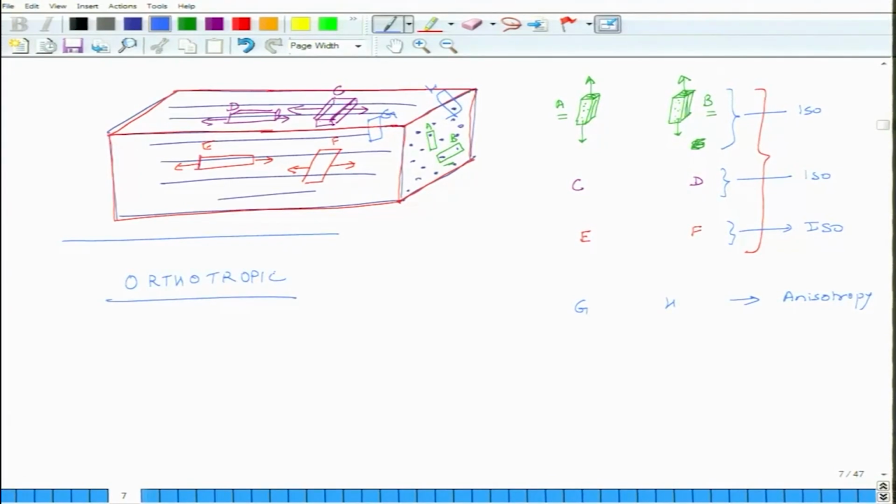And these three planes of symmetry are related to the orientation of the fiber and the material structure, they are related to the structure of the material.